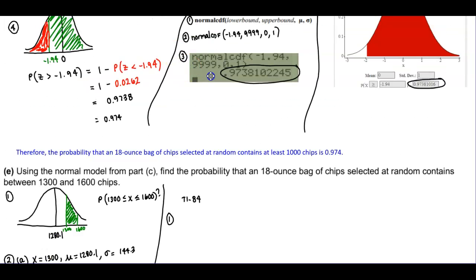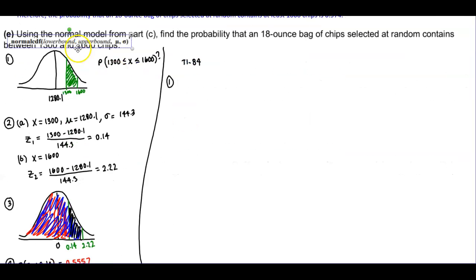Okay, so recall that we're going to use the following formula. We want to find the area that's in between 0.14 and 2.22, so we're going to use normal CDF.